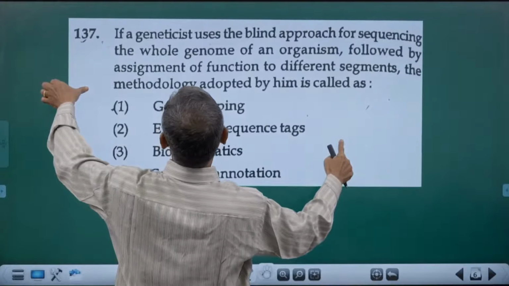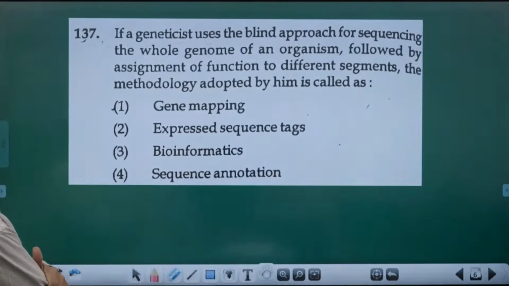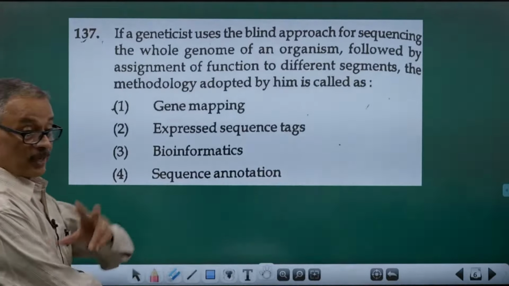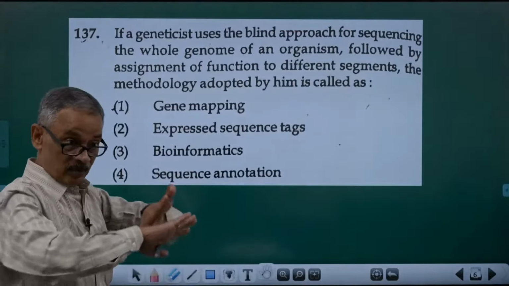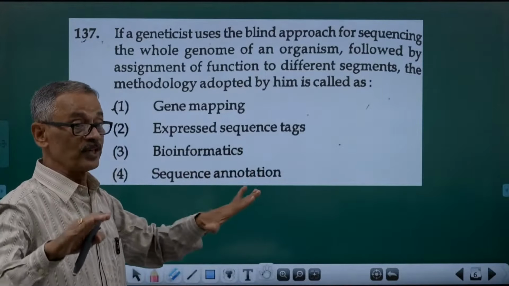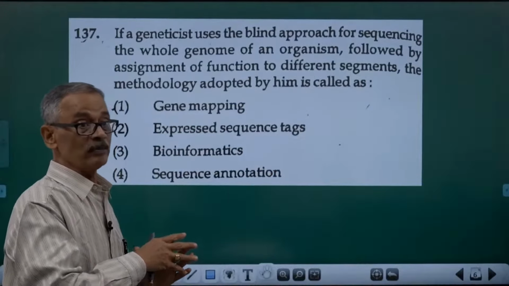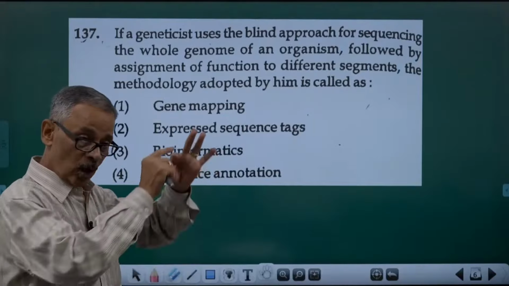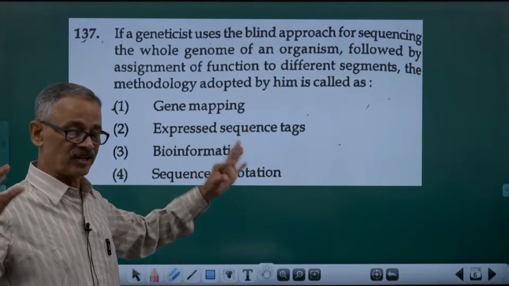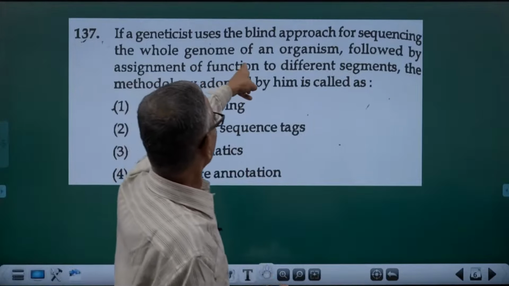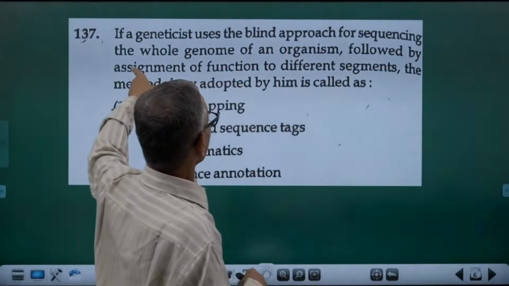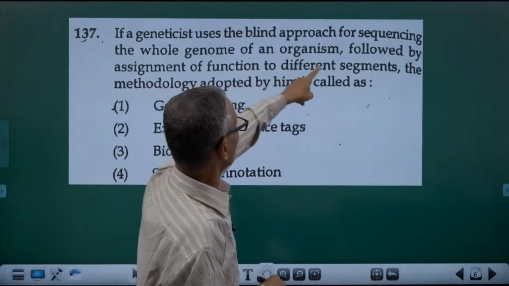If a geneticist uses the blind approach, see, the approach is blind. We are not considering whether it is an expressed one or non-expressed one. We have to understand the genome entirely. Then we use this technique, blind approach, for sequencing the whole genome of an organism.